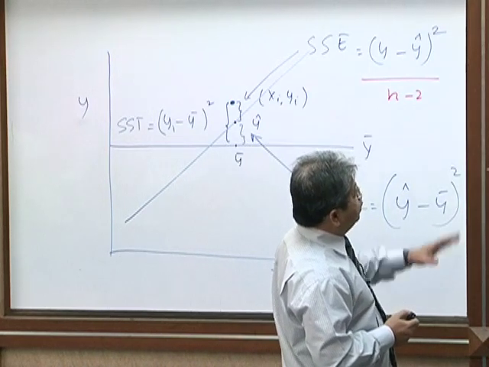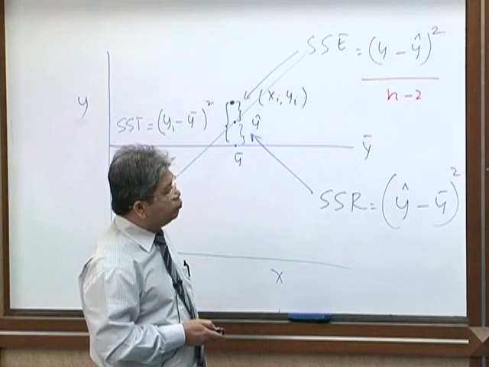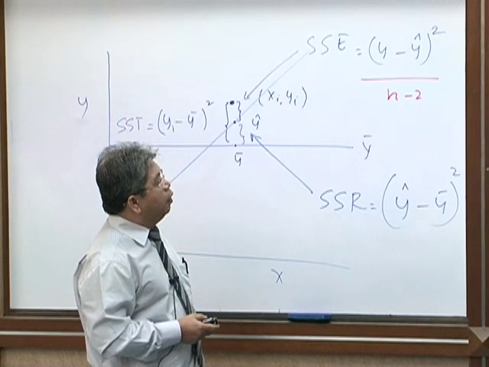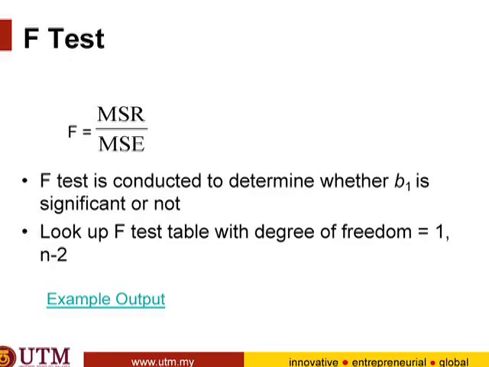Okay, again, R is the square root. To the statistician, R is just the square root of R squared. And R can have a negative or positive value. The other statistic that we can use is the F value.